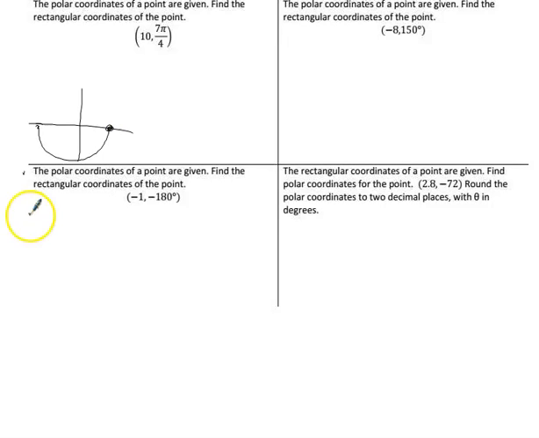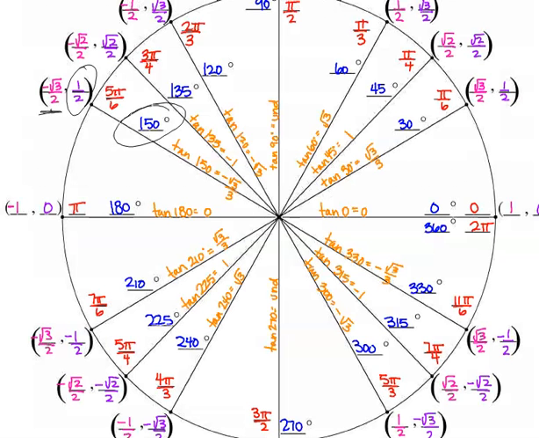So x is going to be equal to r times the cosine of theta, which is -1 times the cosine of -180. Positive 180 and negative 180 is the same thing, because whether you go this way or this way, 180 degrees, cosine is -1.